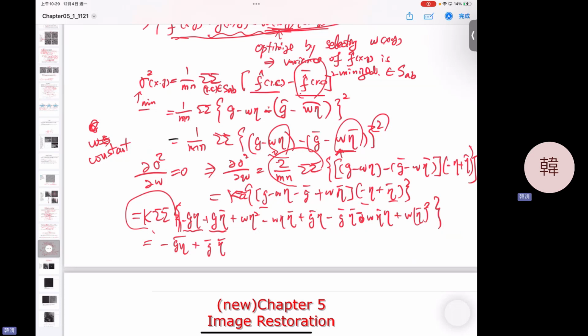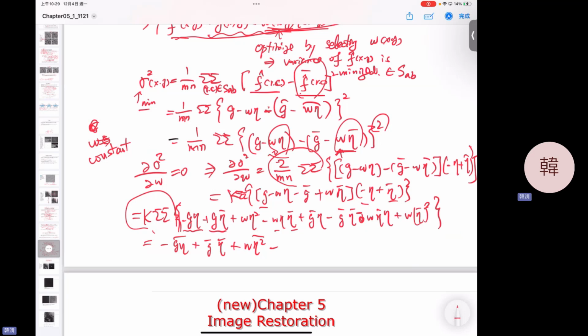Actually, the textbook didn't derive this. They just give you the result. So you should try to validate the result here. Plus what? W eta square bar, right? For this term, this is already constant, so nothing affects the average. But for the middle term, eta will become bar.